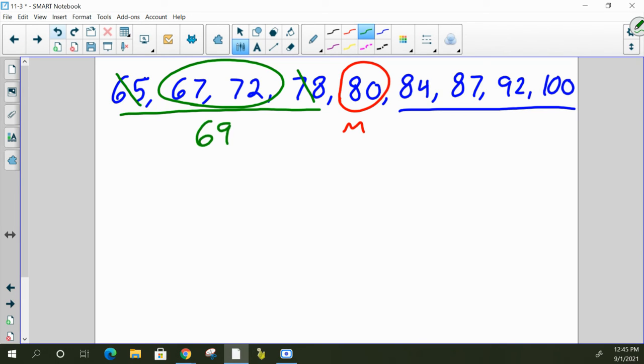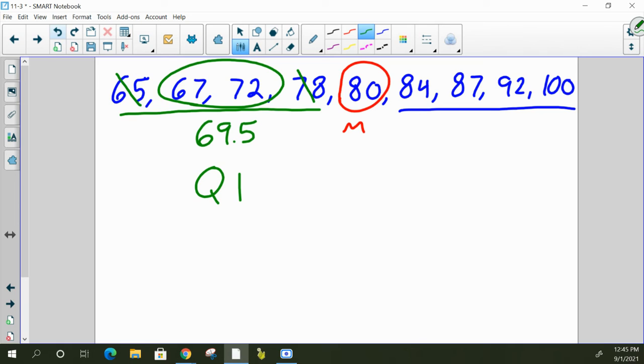So the median, or quartile 1, is 69.5. You should have done 67 plus 72 equals divided by 2, 69.5. Yes, the median is quartile 2, but we just call it the median.